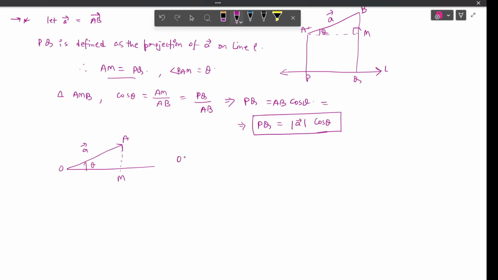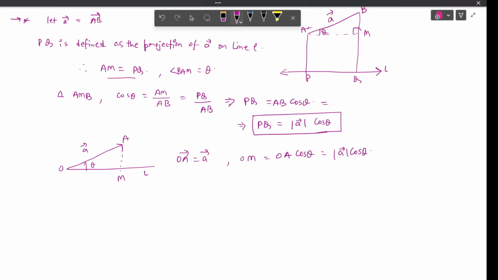So if we assume OA vector to be a vector and L is a line passing through the origin, then OM is the projection of a vector on the line L. Similarly we can say OM is OA cos of theta, that is modulus of A cos of theta.